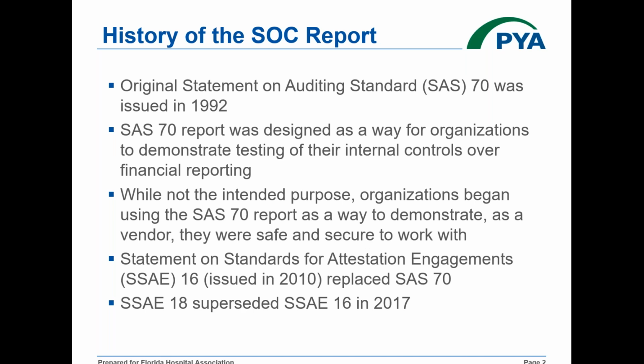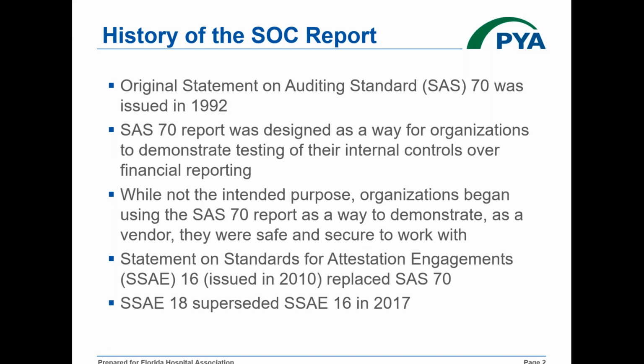So this SAS 70 report, again, was focused on a new type of audit back in 1992 that was focused on internal controls over financial reporting. When we talk about what that really means, think about all the controls that have to work and work well as transactions flow through the accounting function and ultimately report up into the financial statements of an organization.